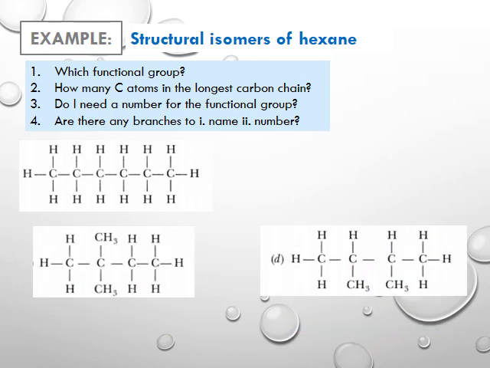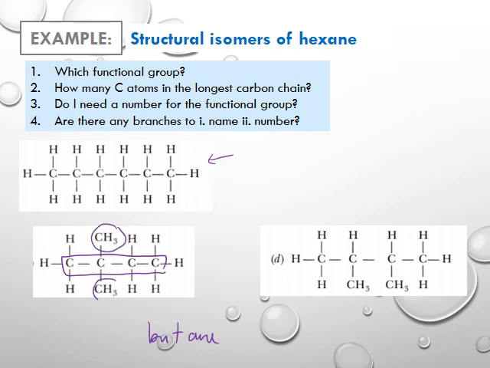Okay, we'll keep going. So I've drawn hexane as my original here, just as a reference for us. Now my next logical thing was to take 2 CH3 groups. We've got a first one. Which functional group? Still ane. Oh, that's an E. Longest carbon chain. Okay, 4 in a row. So it's going to be based around butane. Do I need a number for the functional group?